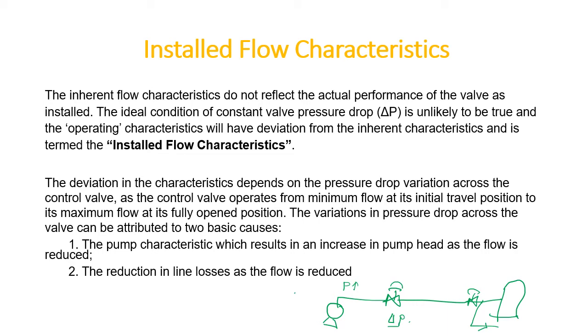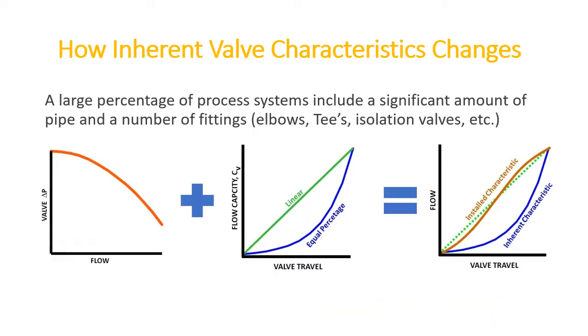There may be certain situations where you can find that the delta P across the control valve is constant, and some situations where you will find that it is varying drastically. So depending on the situation, you need to choose the inherent characteristics of the valve.